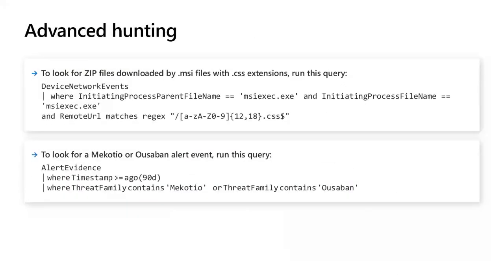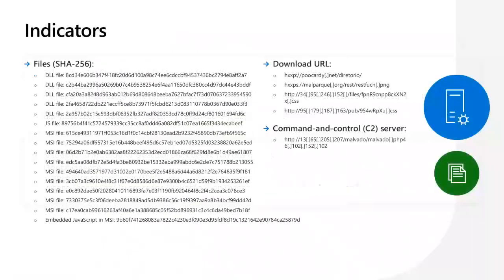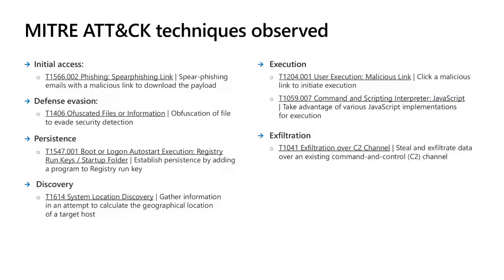And even for advanced hunting queries, if you're not using AHQs here, you can convert this query into your own product queries, any kind of product that you use as SIEM, and then you can hunt for these threats, but the logic remains the same. And the indicators, you can leverage this, and this is the MITRE ATT&CK framework mapping. That's it.